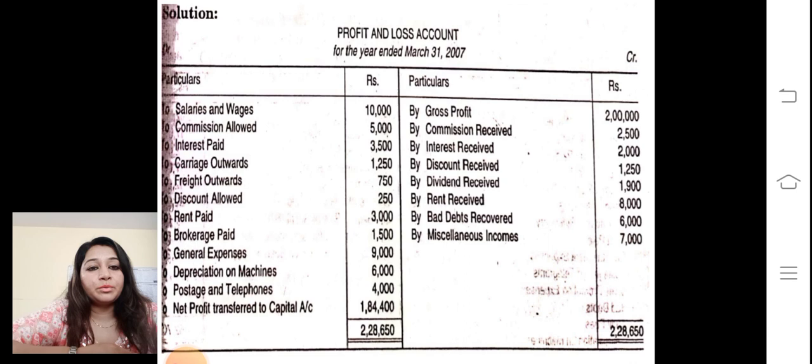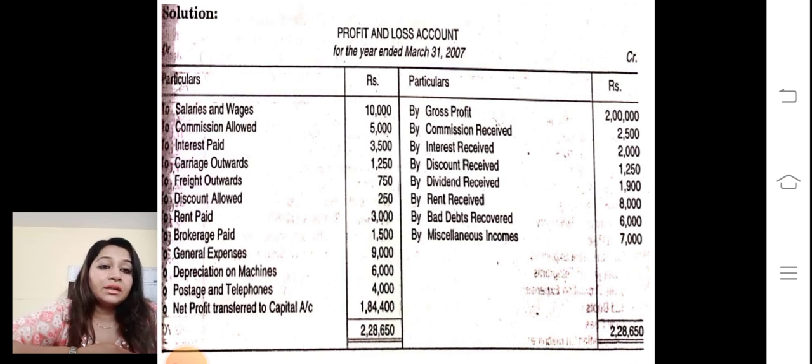So the gross profit will come in the credit side, by gross profit, and if there is gross loss it will come in the left side, that is the debit side. And all the expenses: to salary and wages, to commission allowed, to interest paid, to carriage outward, freight outward, discount allowed, rent paid, brokerage paid, general expenses, depreciation, postage, these are the indirect expenses of the company, so they will come in the debit side.